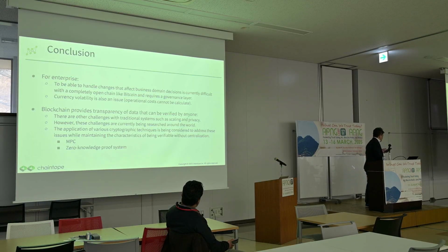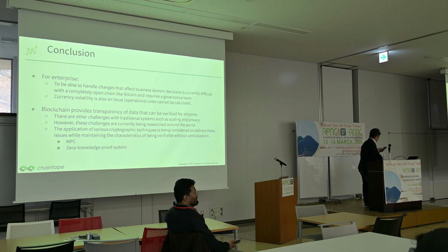However, these issues are currently being researched around the world, and the application of various cryptographic techniques is being considered to address them while maintaining the characteristic of being verifiable without centralization. Solutions to these issues are being researched all over the world and it is very hot.